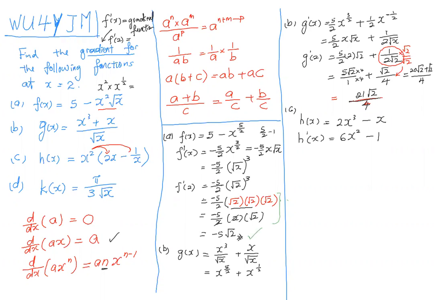We are using this one, correct? Okay, so now you put in your x equal to 2. So you get 6 times 2 squared, take away 1. 6 times 4, 2 squared is 4, 24 minus 1, 23. Got it?